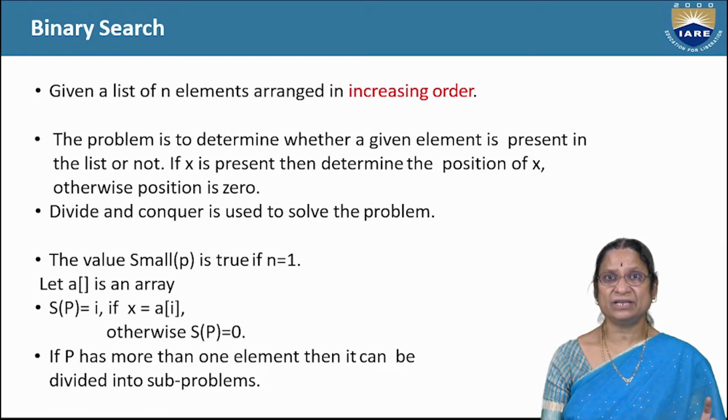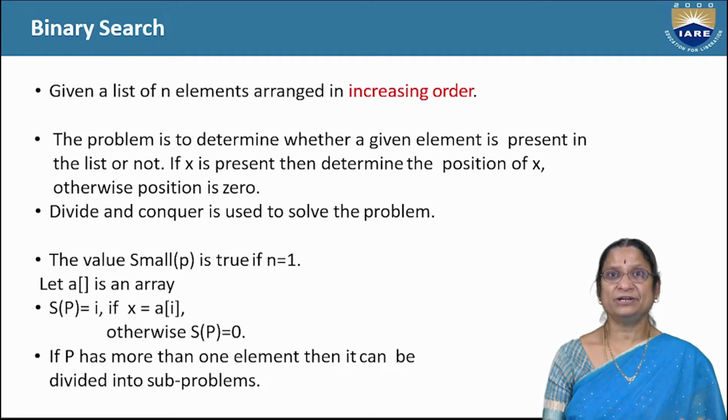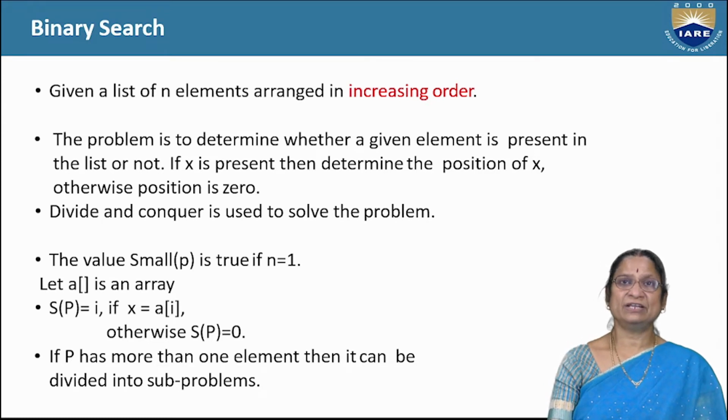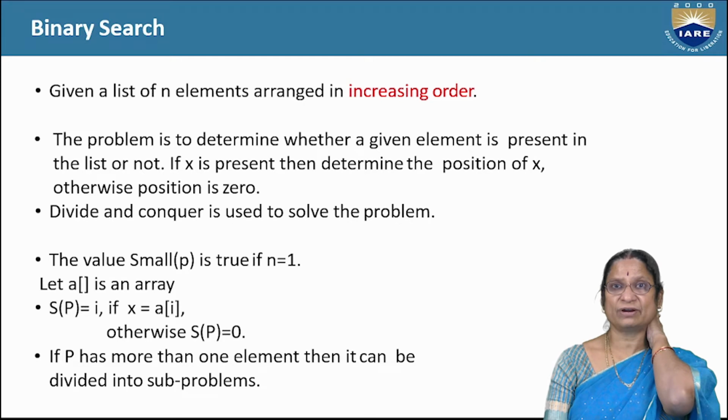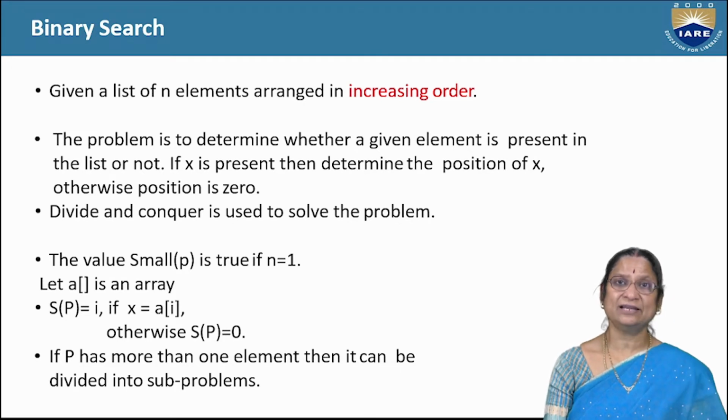How to use this binary search? The term itself indicates binary means 2. So, the given list of elements is going to be divided into 2 sublists. And we will search in the first sublist. If it exists, it's okay. Otherwise, we'll go for the second sublist. Again, if the list is still very large, then we can divide again. This process is continued.